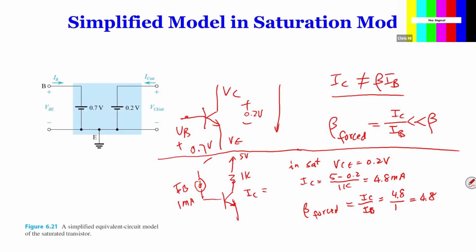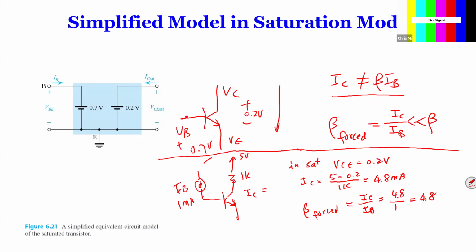You either increase IC or decrease IB. You don't decrease IC, because if you decrease IC, beta first will be even smaller.